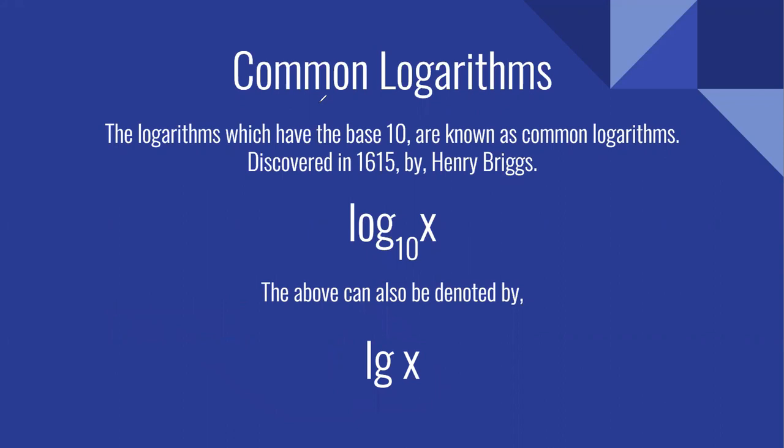With the help of common logarithm, we can also find out the actual value of a logarithmic equation. For example, let's say we have 4 raised to x is equal to 7. Now we don't really know the value of x because this is not a perfect square or a perfect cube of 4. For example, if it would have been 4 raised to x is equal to 16, it is easy to figure out that x is 2, right?